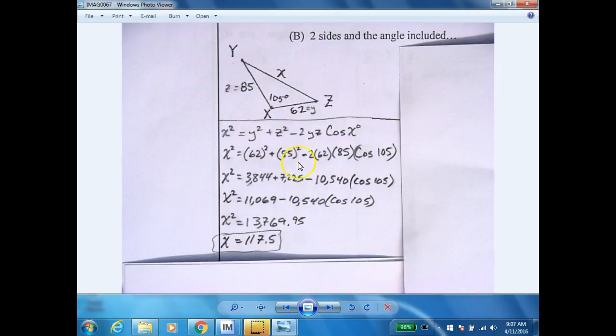All right, so we have x squared. We do all the math here, and at the very end, okay, you're taking the square root of 13769.75. Now, I will tell you, did anyone do that? No one took the square root of that?